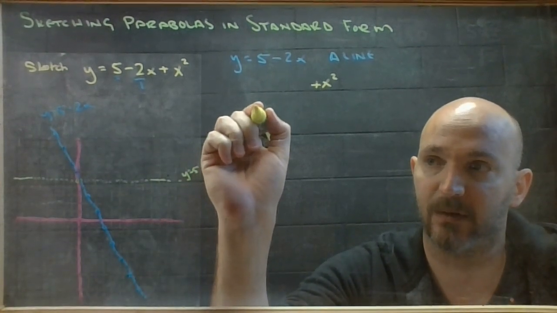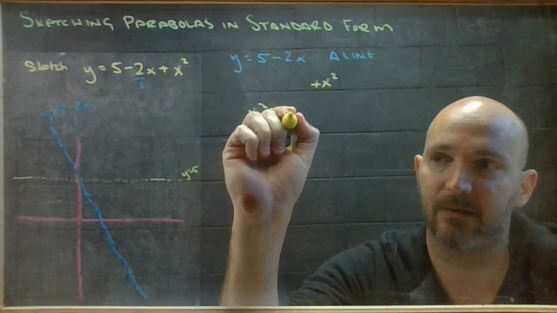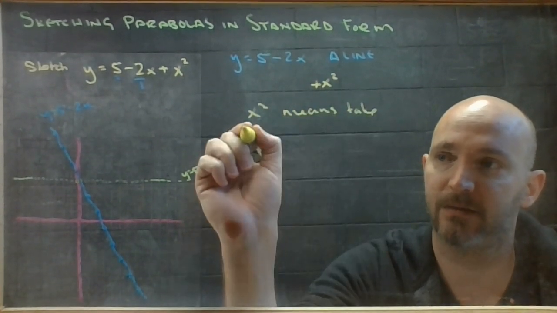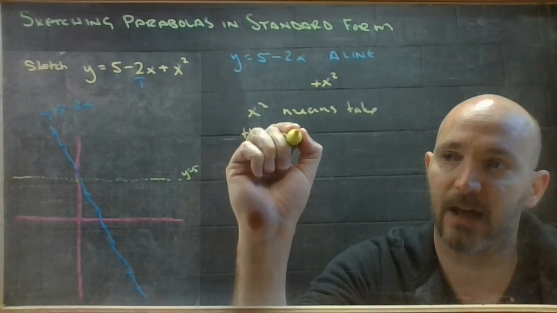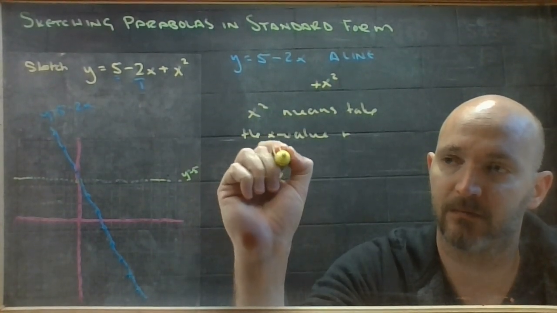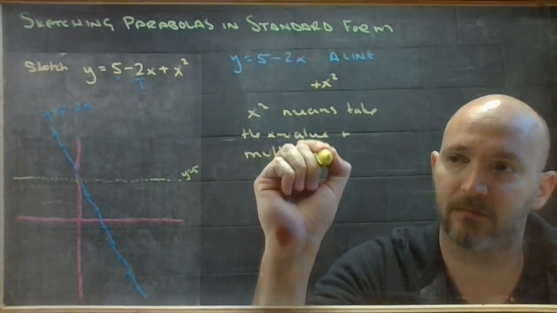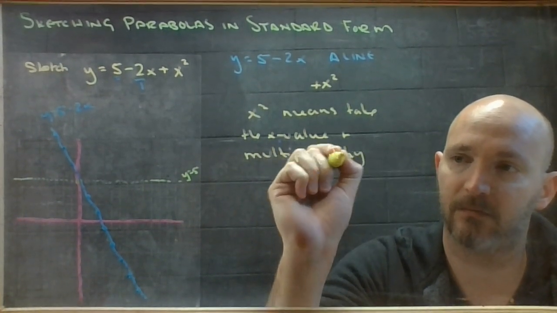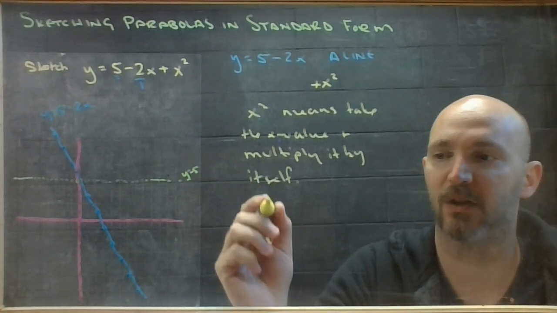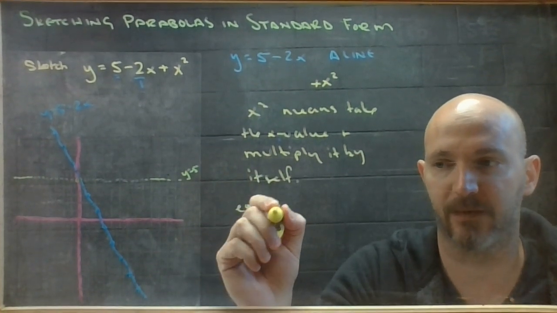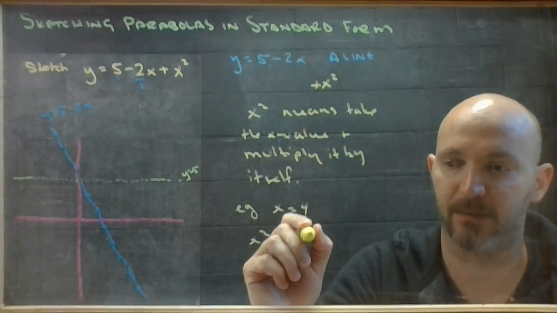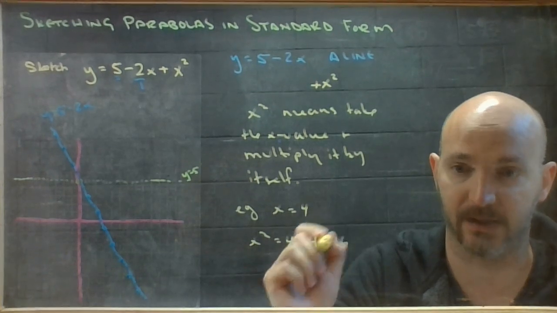So x squared means take the x value and multiply it by itself. For example, if the x value is 4, then x squared would be 4 times 4, which is 16.